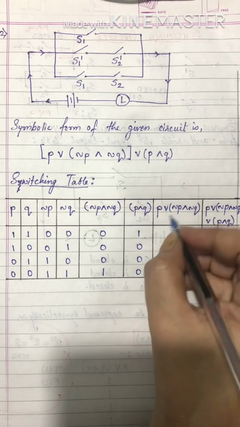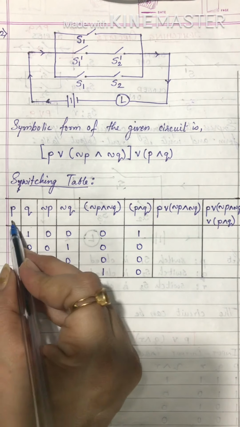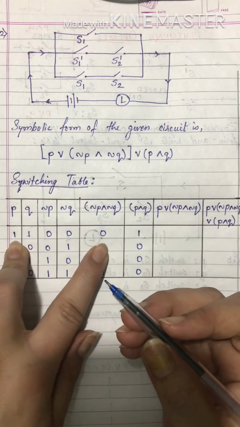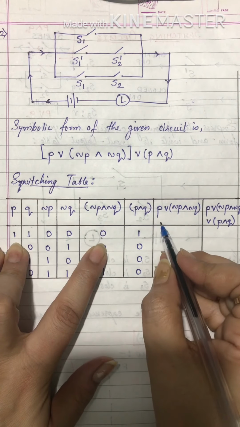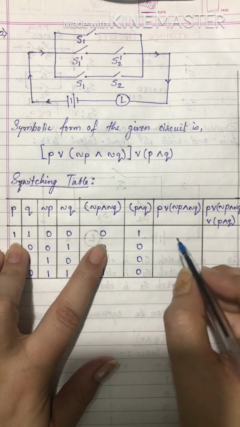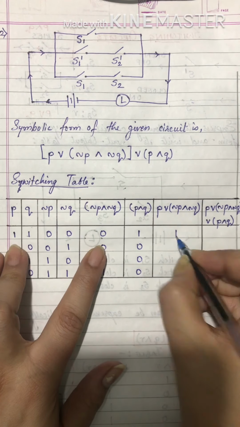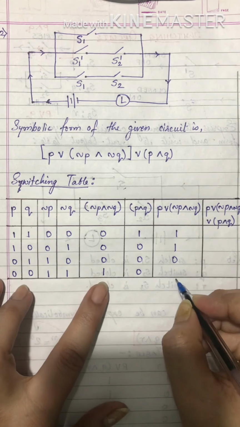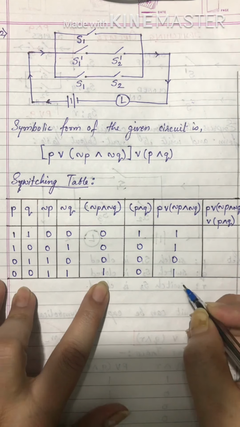Okay, then P or this bracket. Okay, first column and fifth column, find with or operator. Okay, so 1 plus 0 is 1, again 1, here 0, and here 1.